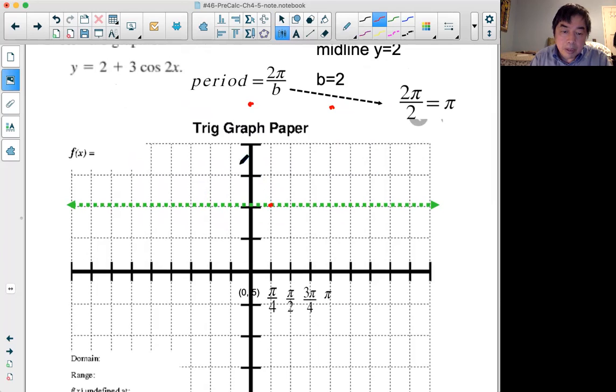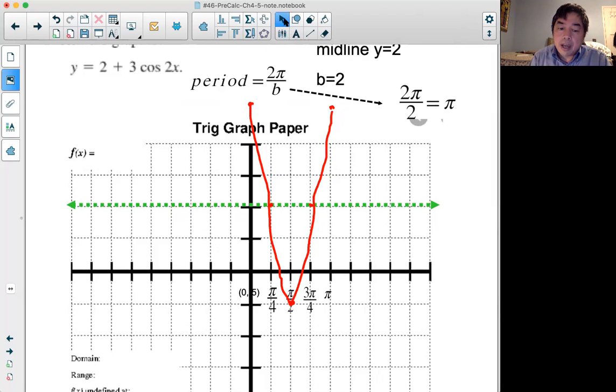The amplitude is 3, so it has to go 1, 2, 3 down. So it must be here. Go back here and return here. So this is one cycle, which we call one period. I'm sorry, I can't write that easily. It's going to be like this.